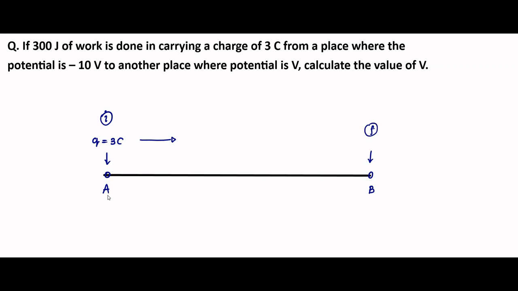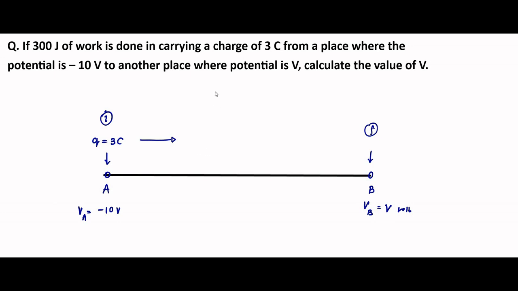The potential at point A is minus 10 volt, and the potential at point B is V volts. We don't know the value of V, we have to determine it.